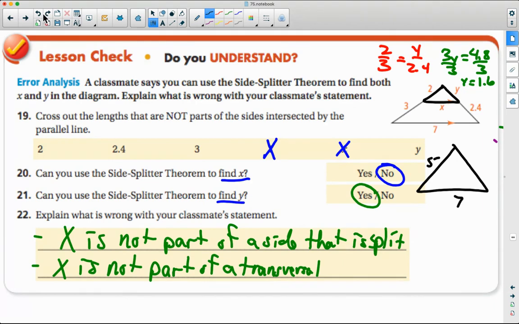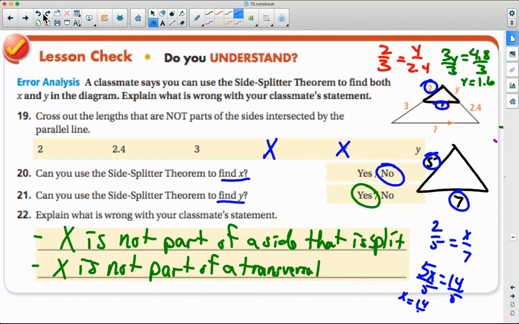So we can set up a proportion and do 2 over 5 is equal to x over 7. Cross multiply, I get 5x is equal to 14. Divide by 5, x equals 14/5. You can leave it as that improper fraction, or go ahead and get a decimal approximation of it, which would be 2.8.